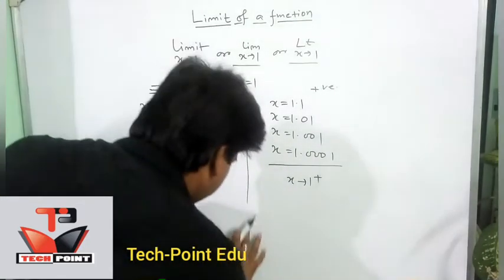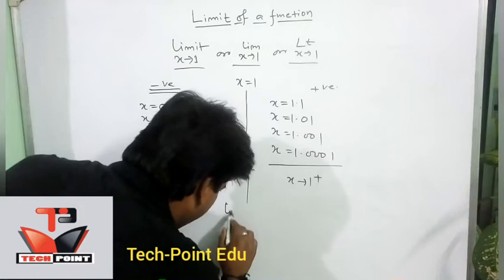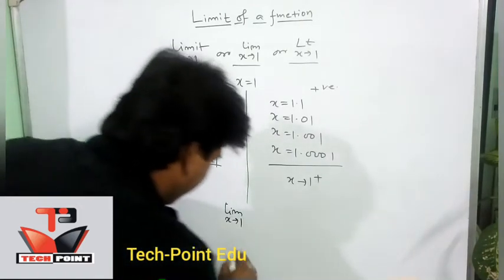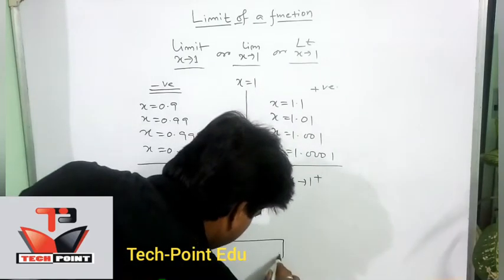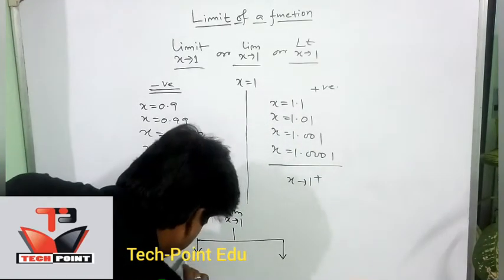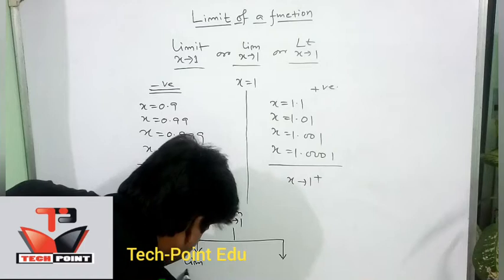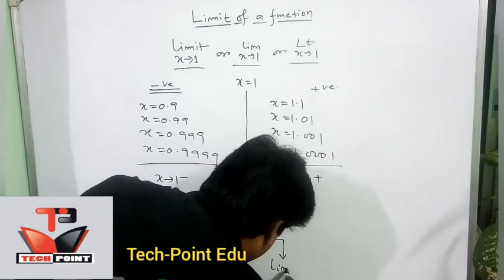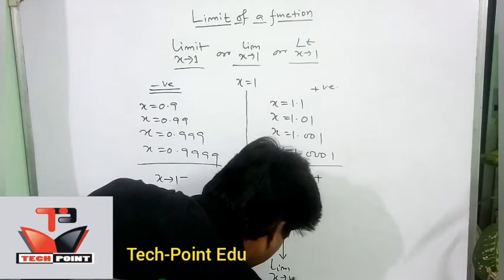That means when it is given limit x tends to 1, that can be divided into two parts. One is limit x tends to 1 minus, another is limit x tends to 1 plus.